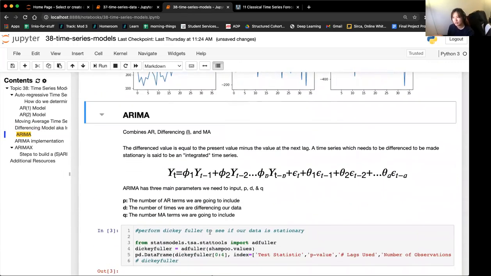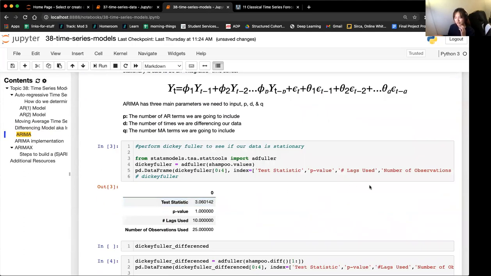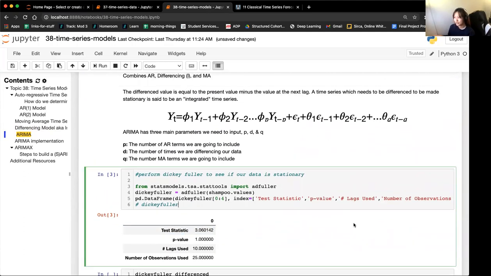So really quickly, we actually went through this on Thursday. We can just do a really quick Dickey-Fuller test to determine how much differencing is sufficient for our model. So the Dickey-Fuller test, just to refresh, is basically a test for stationarity, which is something that we prefer in our time series data. So just running this test really quickly, we're going to do it on our shampoo values.